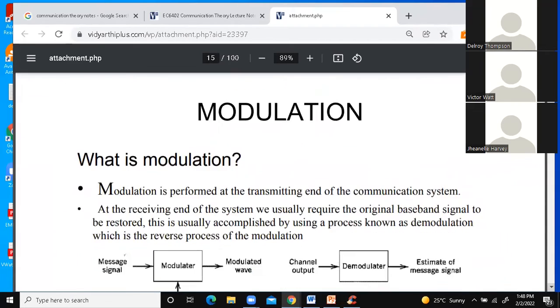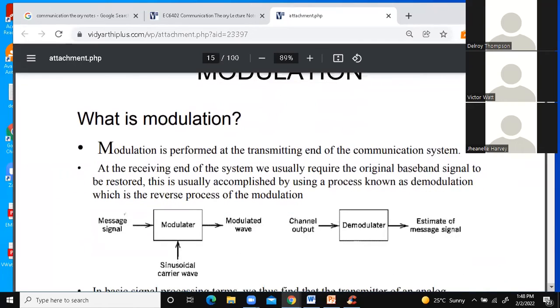So, what is modulation? It is a process that is performed at the transmitting end of the communication system.